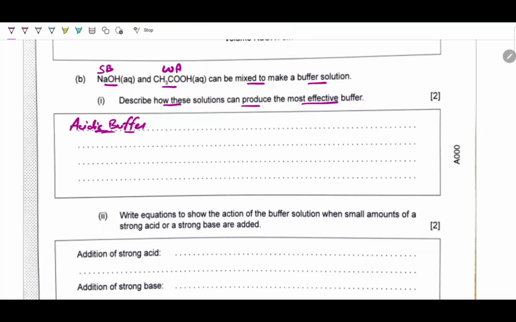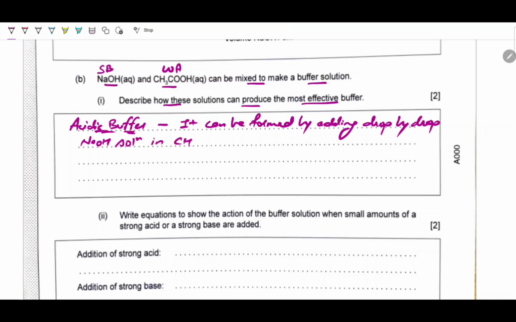What I should do is add, drop by drop, NaOH solution into the acetic acid solution, CH3COOH solution, until half of this acid is neutralized.